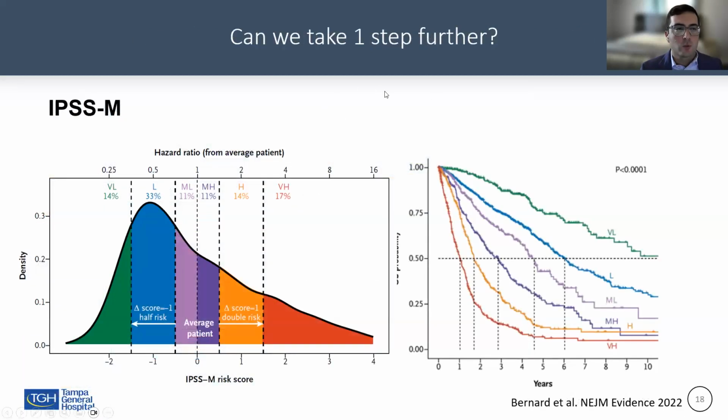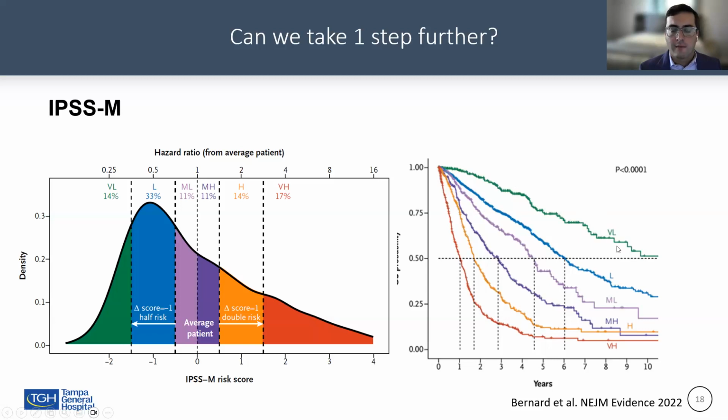But can we take this one step further? That has been done by now incorporating genetics in. This is the IPSS-M, the M for molecular. There was a presentation in the New England Journal of Medicine, and basically what was found is that in patients that are untreated mostly, we can better define risk categories.